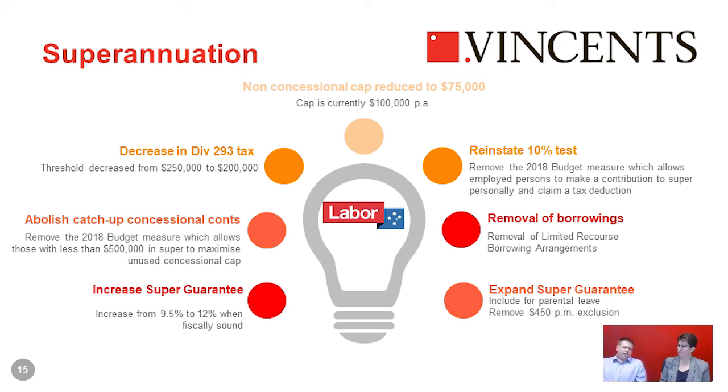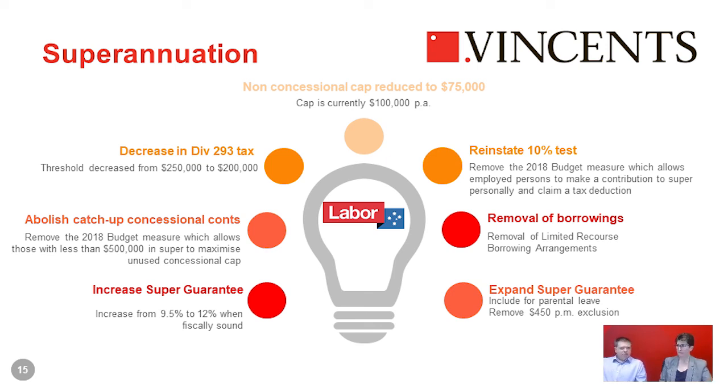And two super guarantee measures. So the first one relates to having super guarantee payable on parental leave, and also for where your wages are under $450 per month. So currently, an employer is not obligated to pay super guarantee on either of those two things.